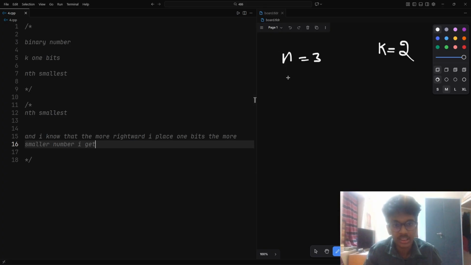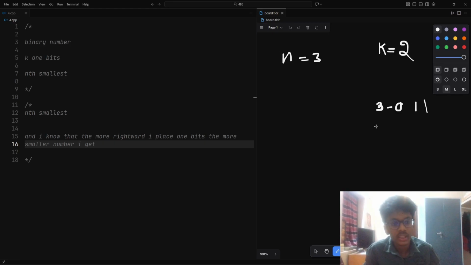So if I want to find the smallest number with 2 set bits, forget n equal to 3 for now, k is equal to 2, that would be 3. I have found the smallest number 3, which has 2 set bits.